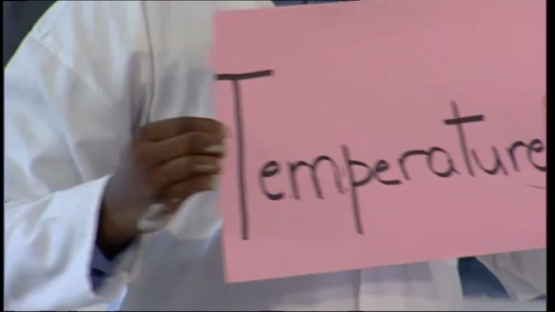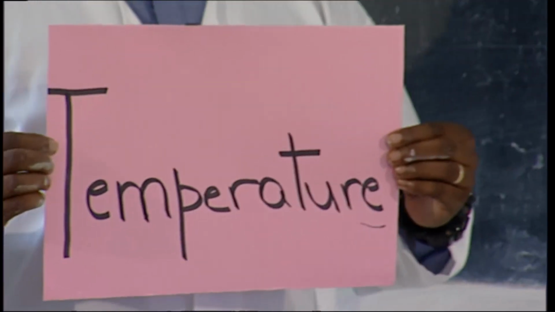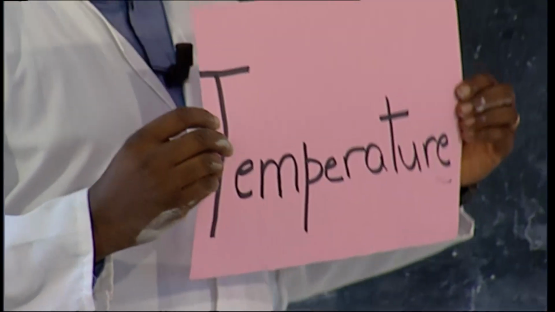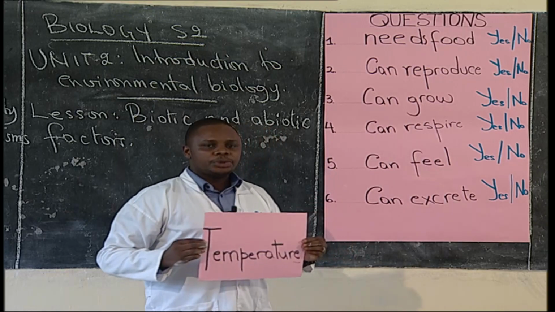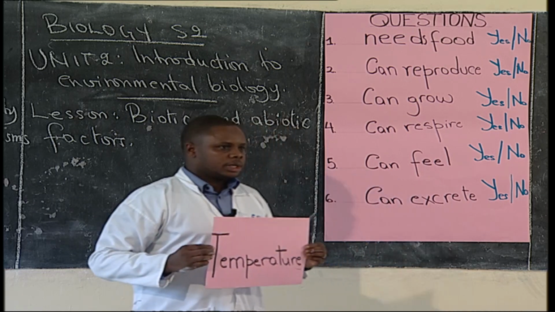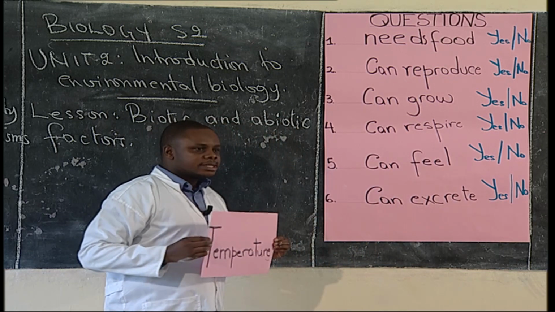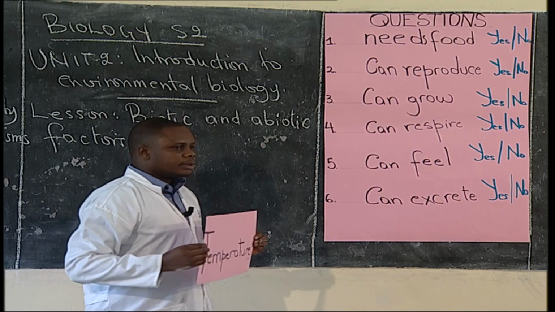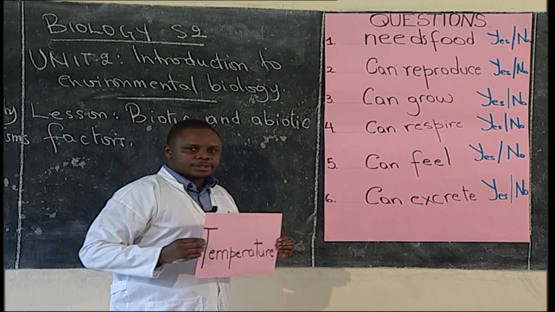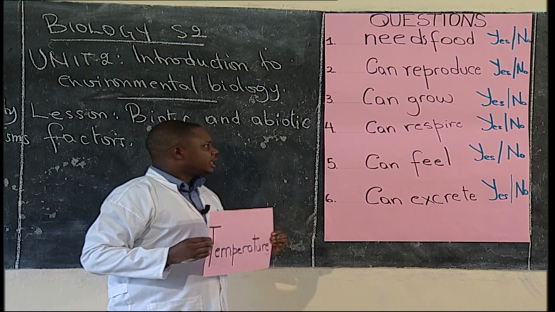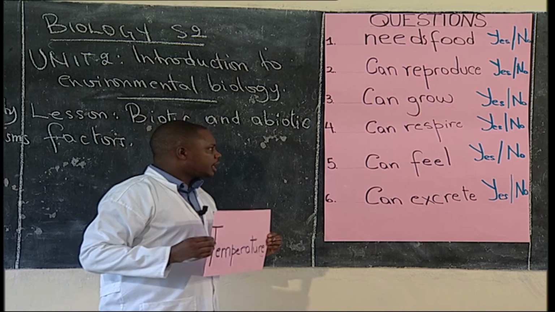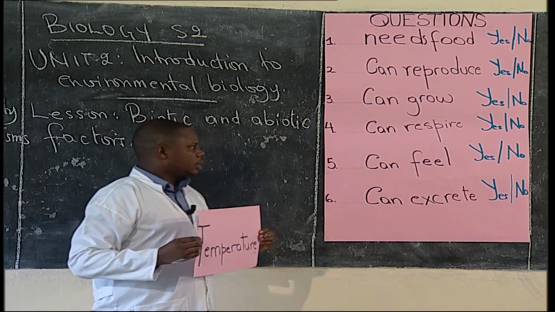One, can temperature need food? If it is possible, you say yes. If it is not possible, you say no. Temperature doesn't need food, which means it's no. Can temperature reproduce? No. Can temperature grow? No. Can temperature respire? No.